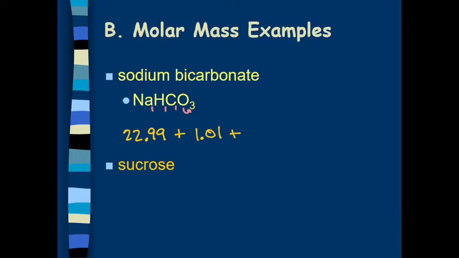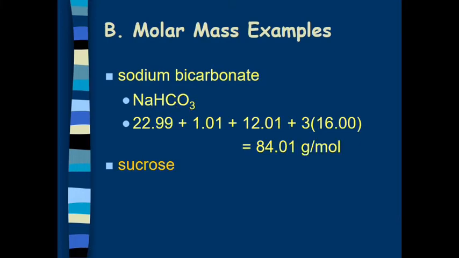Carbon from the periodic table, 12.01. And then oxygen from the periodic table is 16.00, but we do have 3 of those oxygen atoms. So make sure you multiply 3 times 16 first, then you add on the rest of your values. And when you add those up, you get 84.01 grams per mole, because if you're talking molar mass, we are assuming you have a mole of the substance.